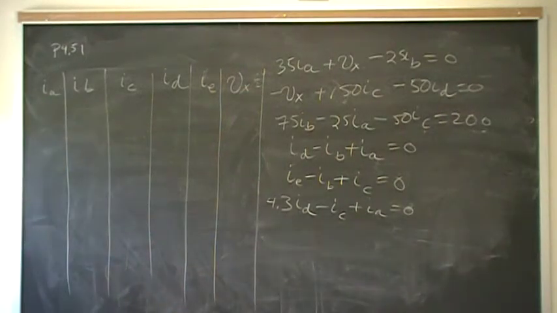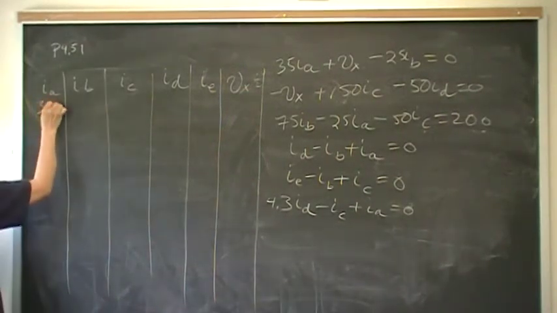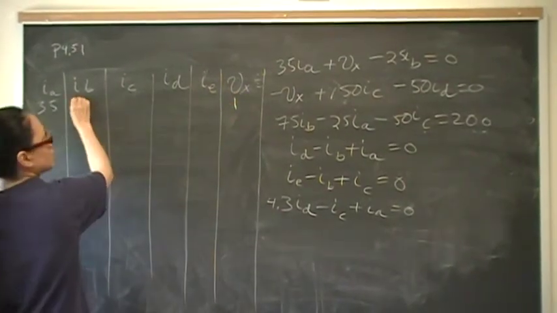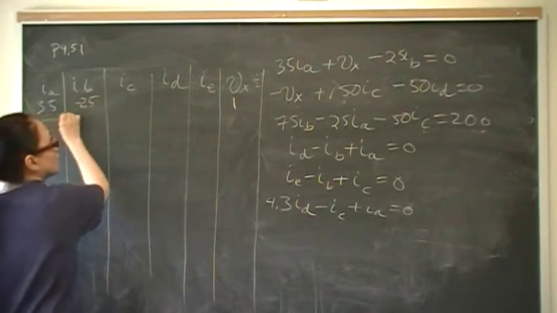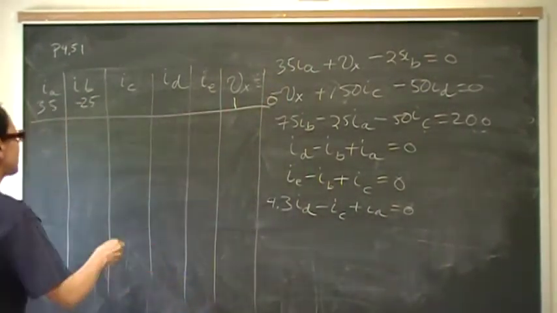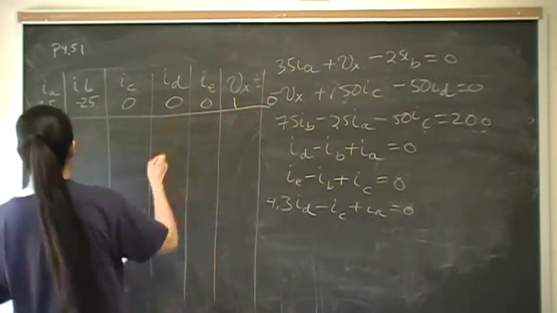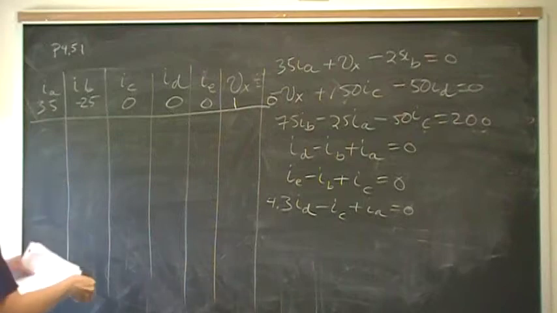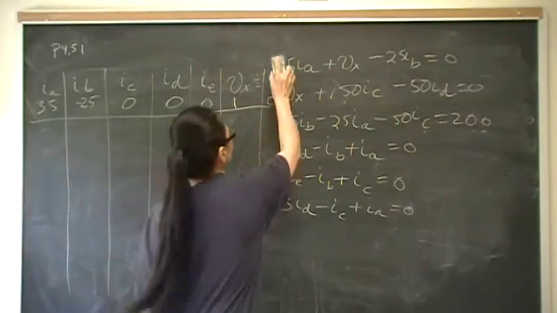Our first equation, we got 35 IA, 1 VX, and negative 25 IB. All that is equal to 0. And then 0 is everywhere else. Take a second to double check. 1 VX, okay. So that's this one.